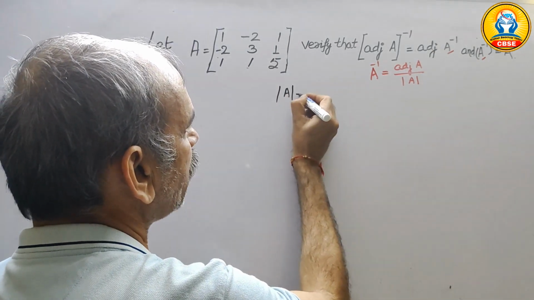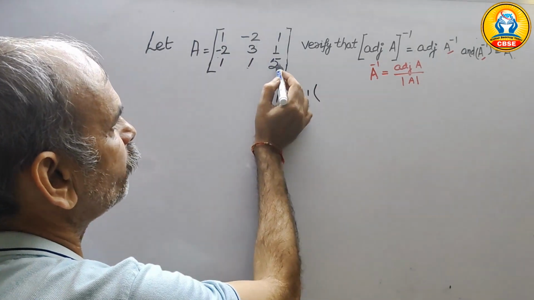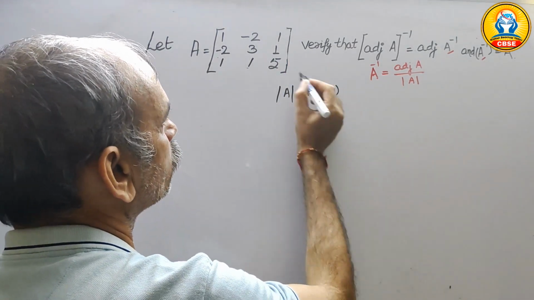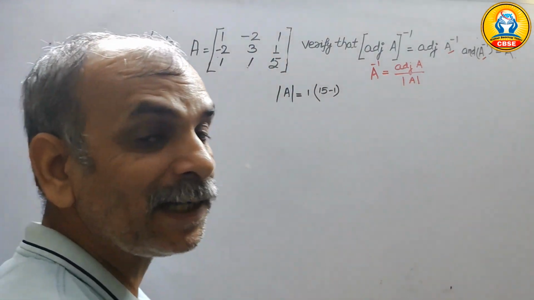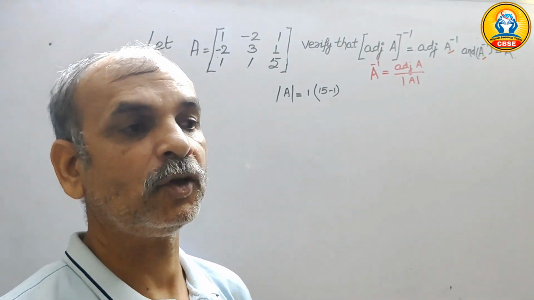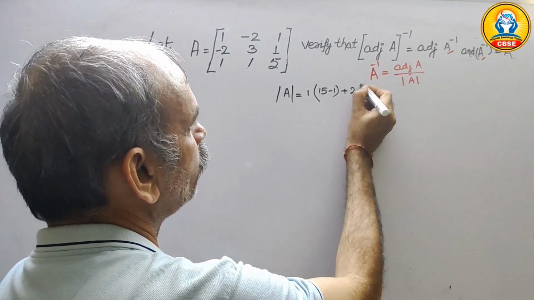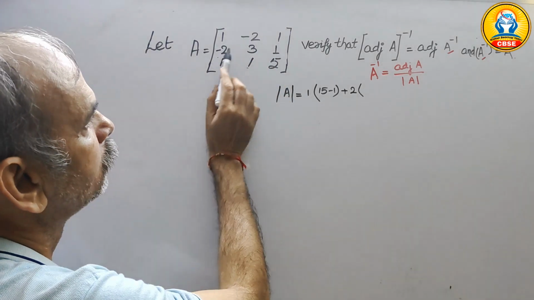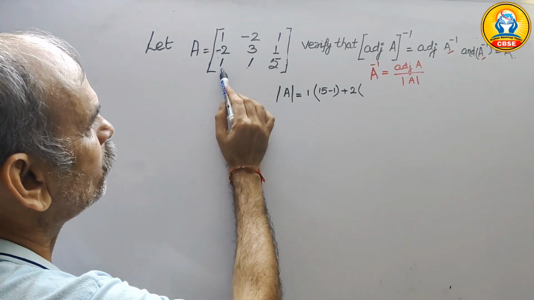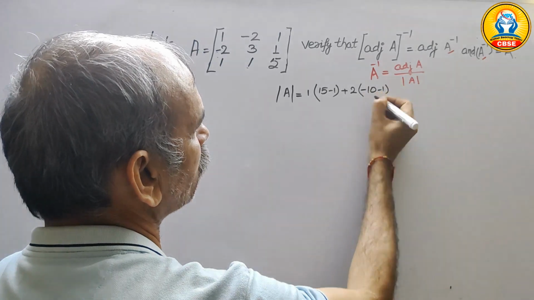Determinant of A is equal to 1 into 15 minus 1. Then this is minus 2, but the place is also minus, so we will get plus 2, plus 2 into minus 10 minus 1.